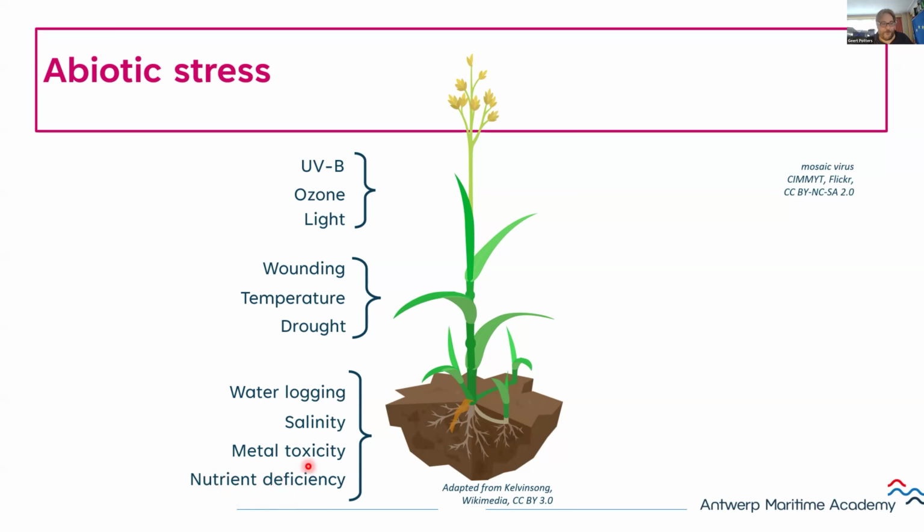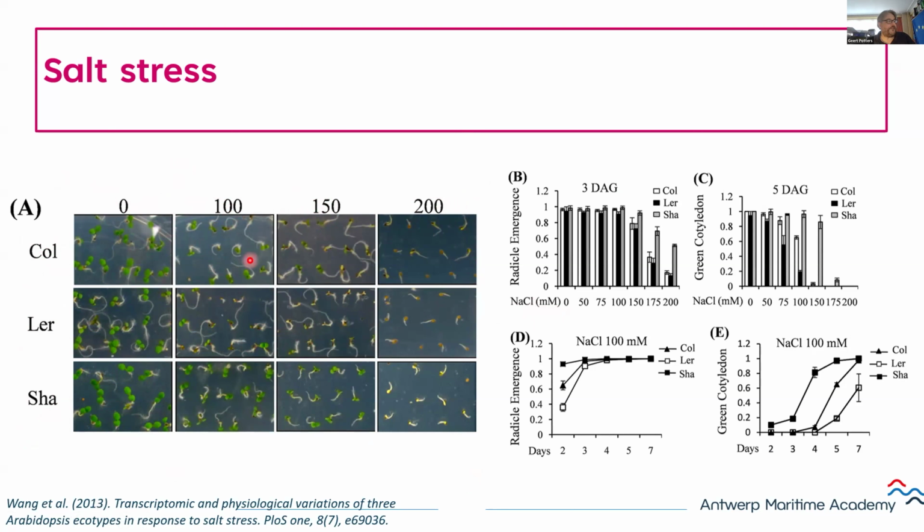And you see that while these control plants seem rather happy, as soon as you start giving them more and more salt, especially this accession here in the middle, there's not a lot of growth anymore. The growth is hugely retarded. They also start getting yellow, they lose chlorophyll and so on.